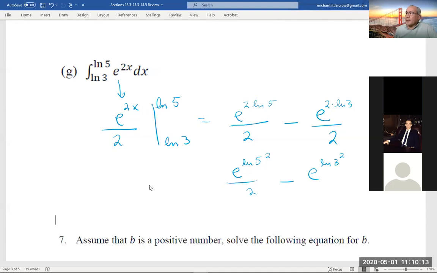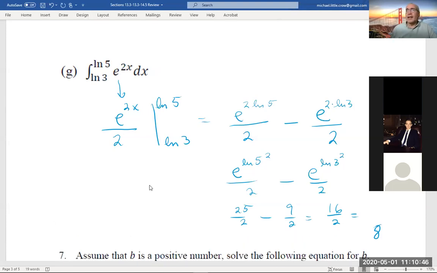Because we're multiplying, it becomes an exponent. What's e to the natural log of 5 squared? 5 squared is 25. So this first part just becomes 25 over 2. The second part becomes 9 over 2. 25 minus 9 is 16 over 2. So 8 is our final answer.